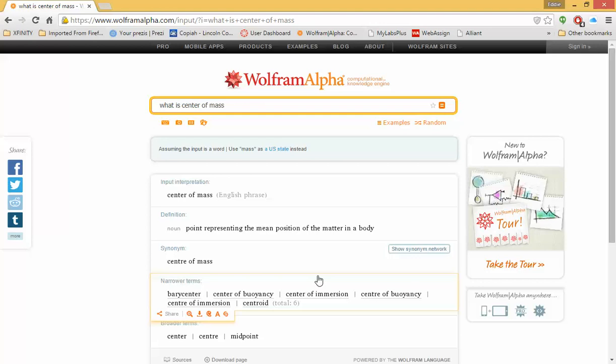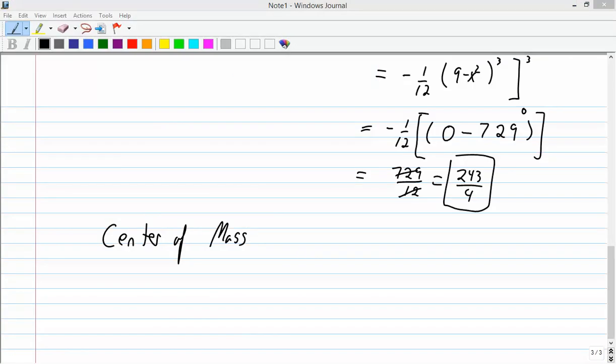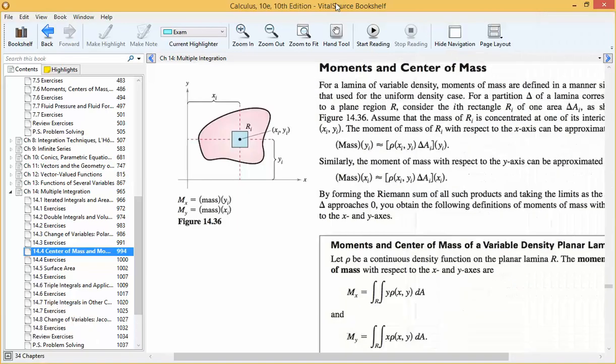So there's only one point. That's the center of mass, and it's some x, y. Okay. So if we have some planar lamina here, you can see the center of mass is some actual point there.